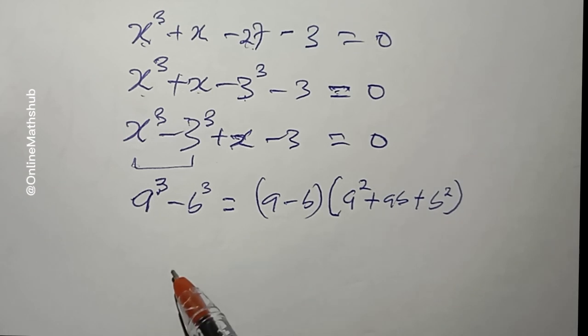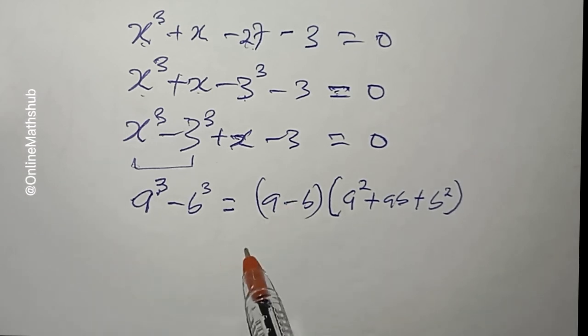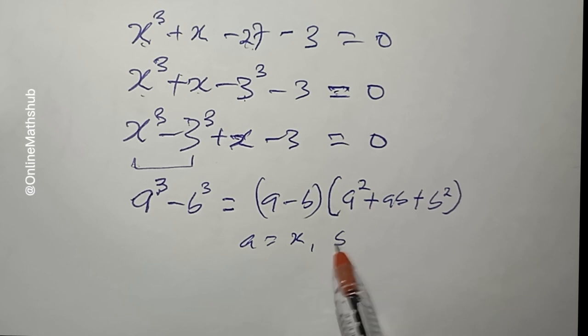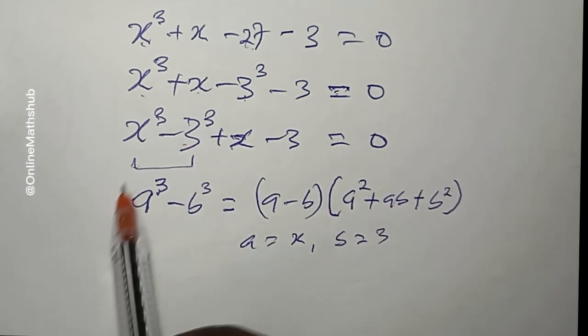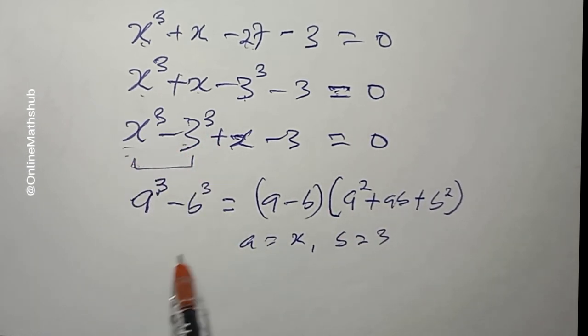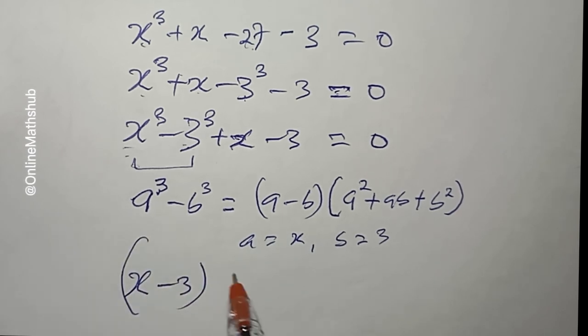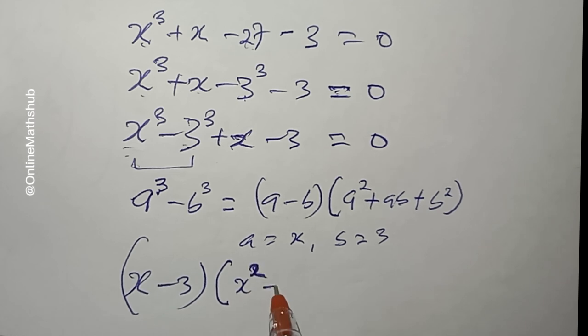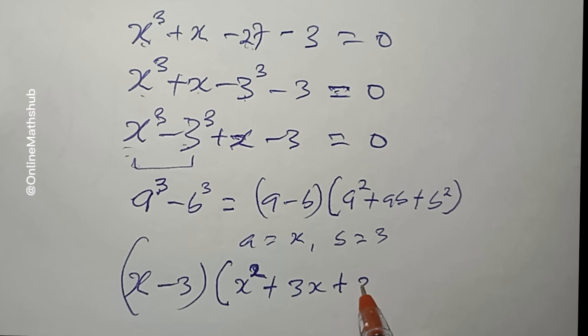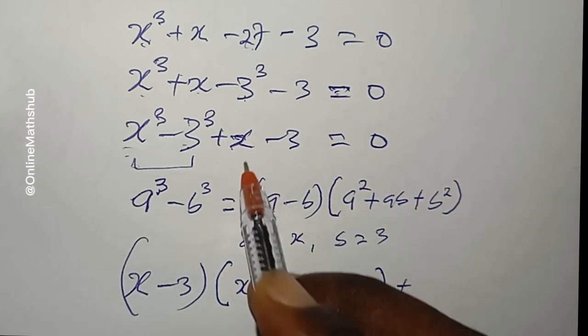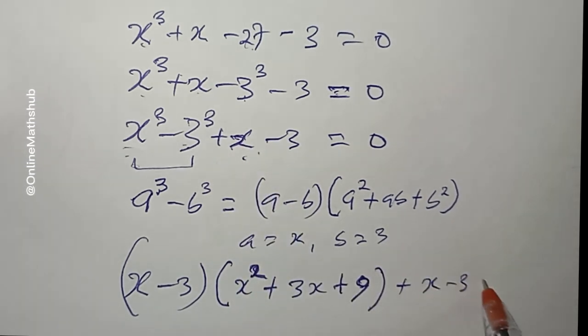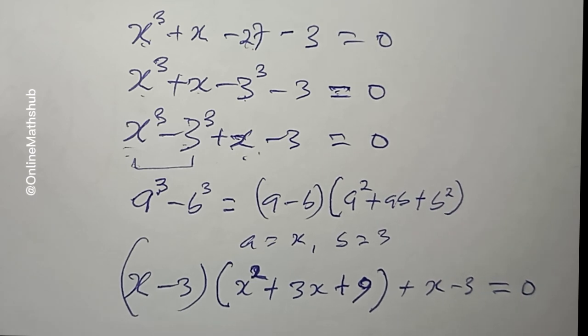In this case a is equal to x and b is equal to 3. So applying that here, what I'm going to have is x minus 3 into x squared plus 3x plus 3 squared, which is 9, plus this one right here, x minus 3, and it's all equal to 0.